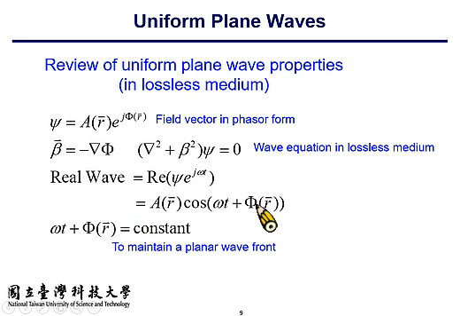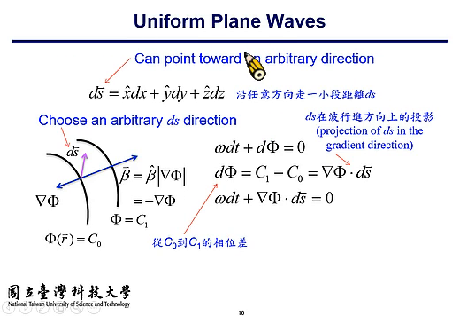And the important thing when it comes to the speed of the wave is that the phase function needs to be a constant. That is, omega t plus phi of r equals a constant. And the wave propagation direction beta is not only a description of the phase constant, but also a description of the phase propagation direction.